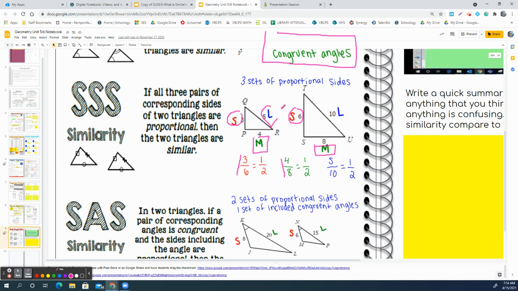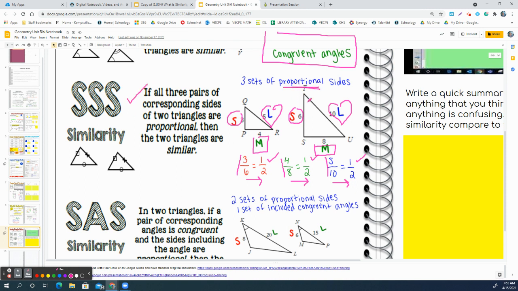And then I've got a large side and a large side, and they go together. In this case, because I have all 6 numbers, all I have to do is reduce them. 3 over 6 reduces to 1/2, 4 over 8 reduces to 1/2, and 5 over 10 reduces to 1/2. Because all of these are the same, then my shapes are similar.